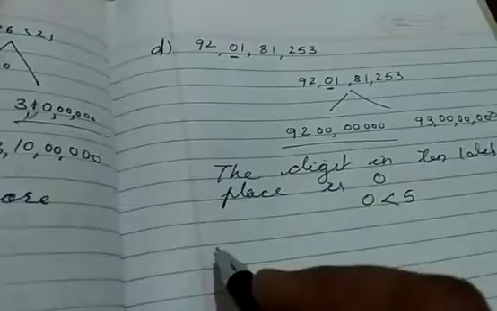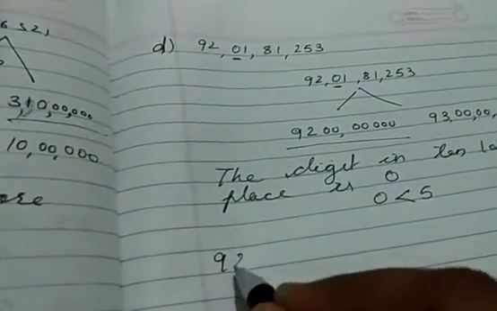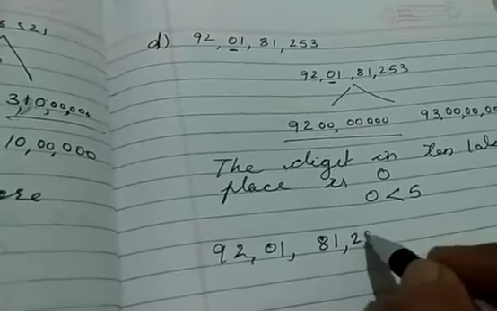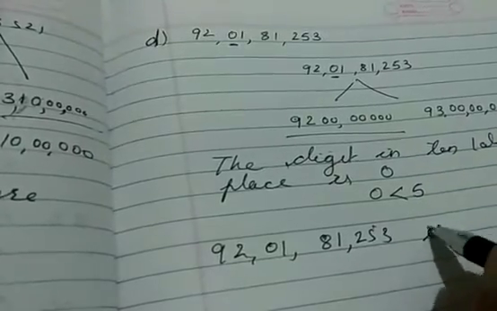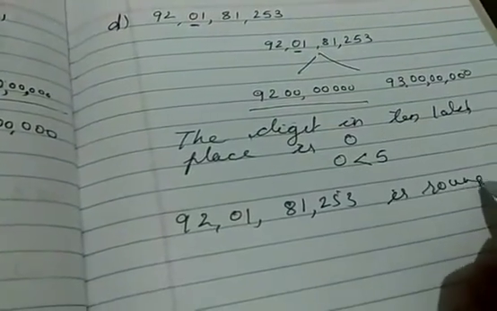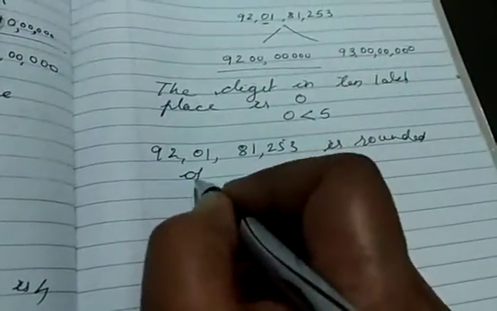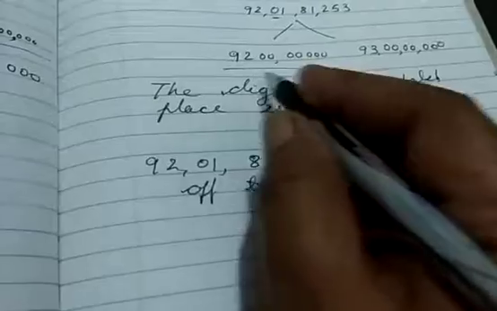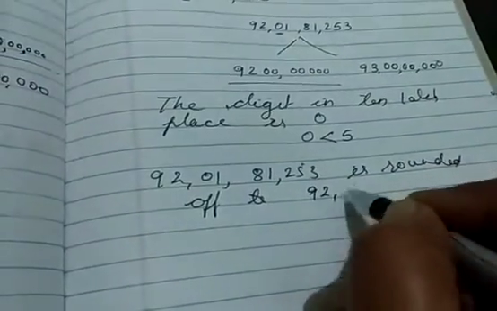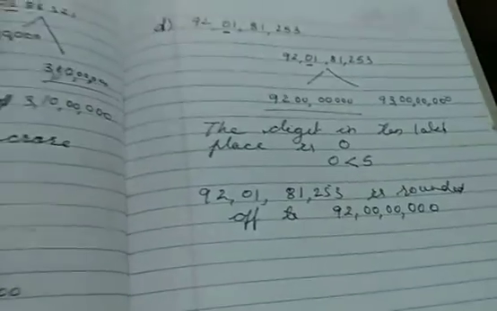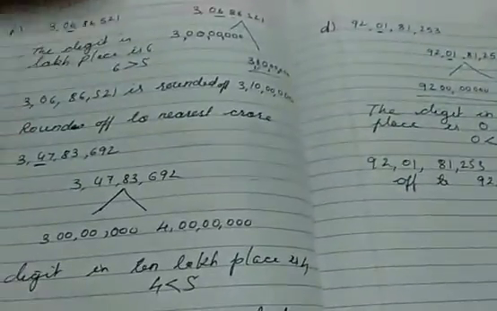Okay, hence 92 crore 1,81,253 is rounded off to this 92 crore. Okay, I hope you will understand this, how to round off the digit.